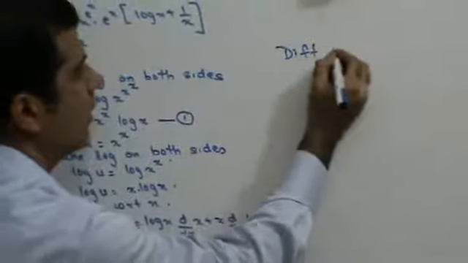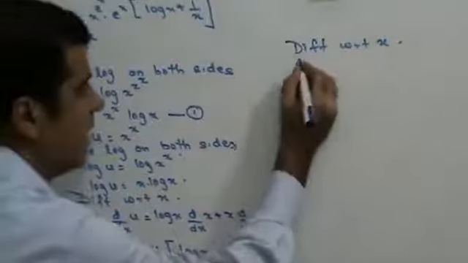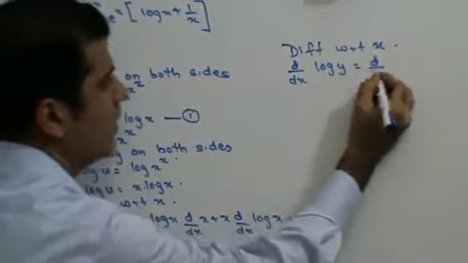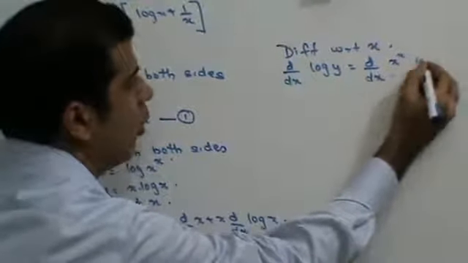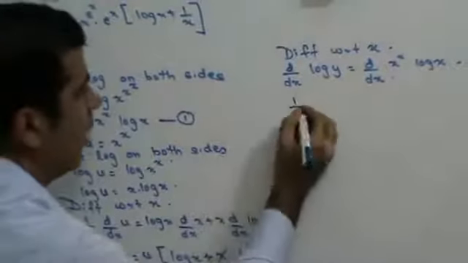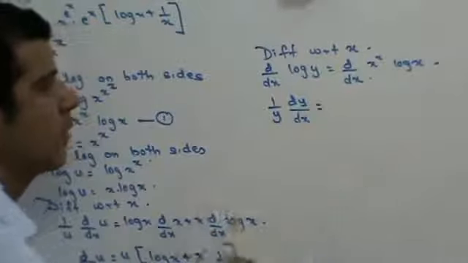Now I'll say differentiate with respect to x. That means d by dx of log y is d by dx of x raised to x log x. D by dx of log y is 1 upon y dy by dx.